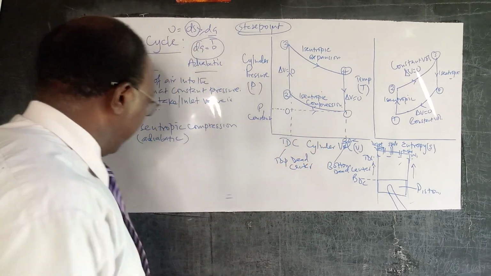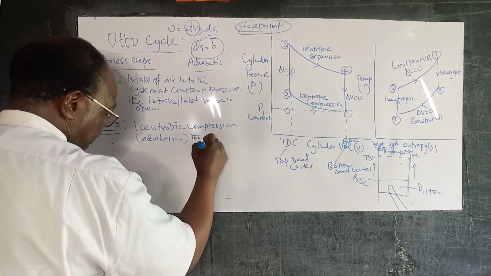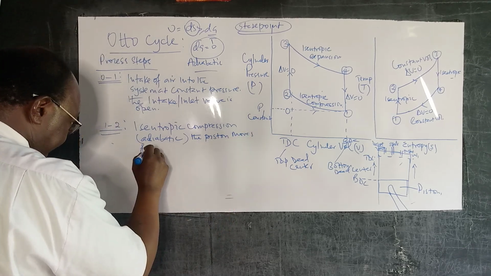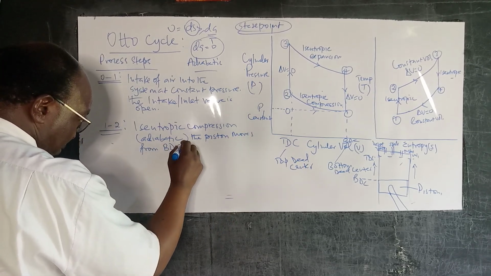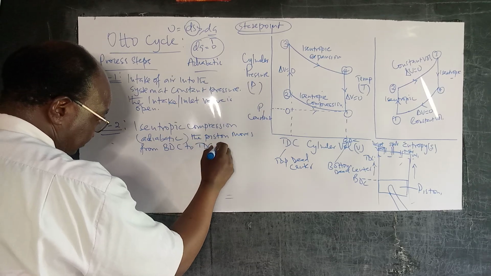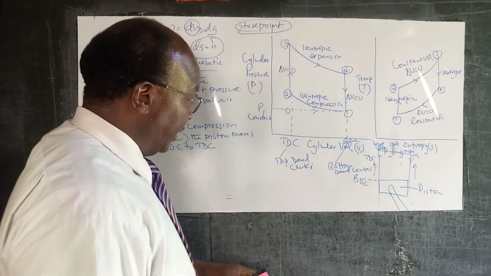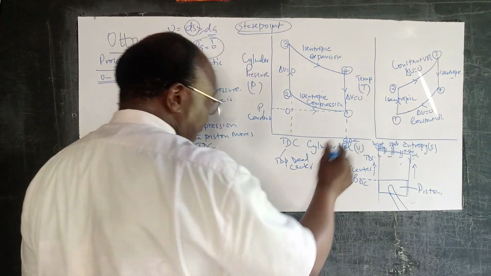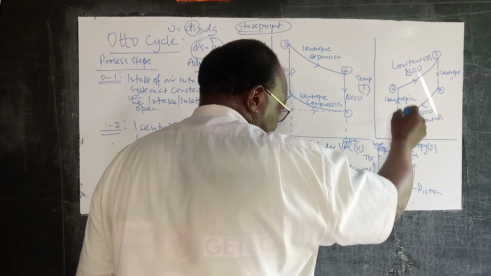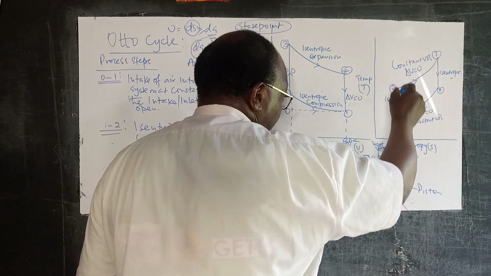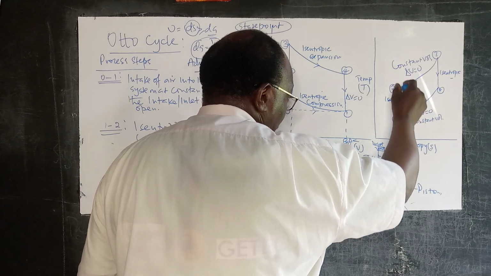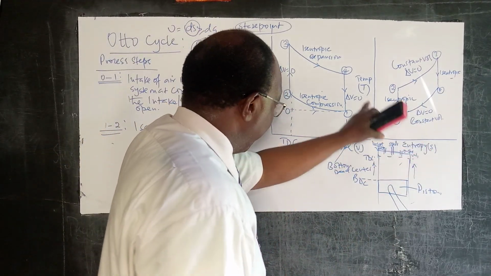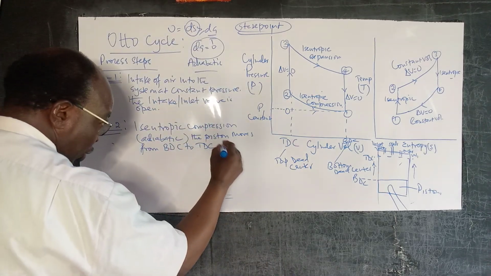As we do that compression, the piston moves from BDC to TDC. And if we look in parallel with the temperature entropy diagram, you clearly see that it's isentropic. In other words, the entropy is not changing. But there's a change in temperature.